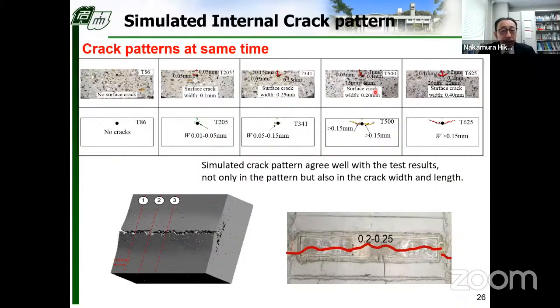This figure shows the simulated internal crack pattern together with the test result at the same time. We can see the simulated crack pattern agrees well with the test result, not only in the pattern, but also in the crack width and length.